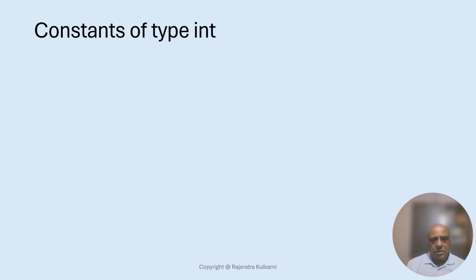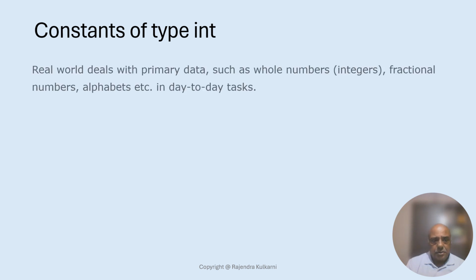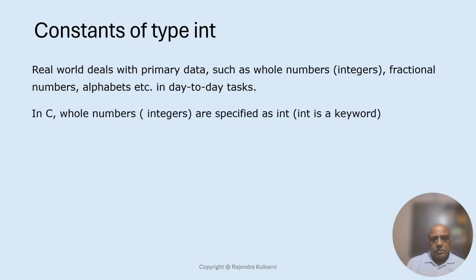What are constants of type int? In the real world, we deal with primary data such as whole numbers, fractional numbers, alphabets in our day-to-day tasks. In C, whole numbers are specified as of type int.